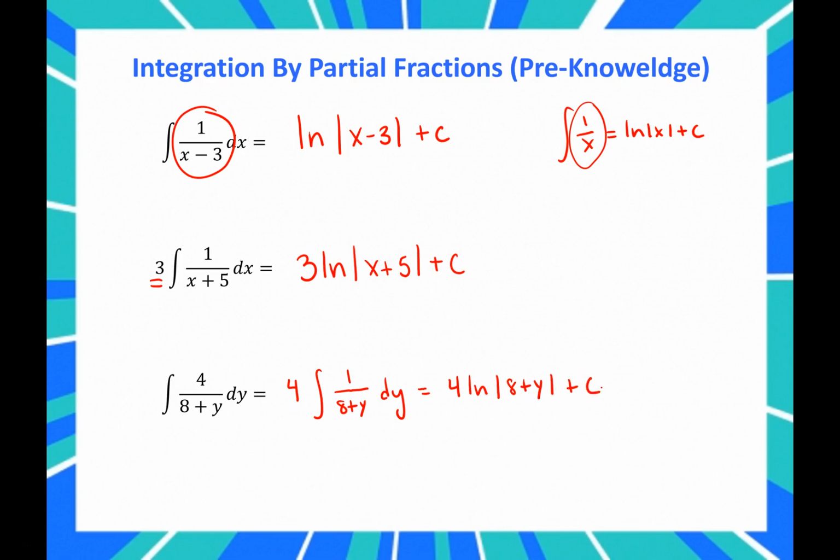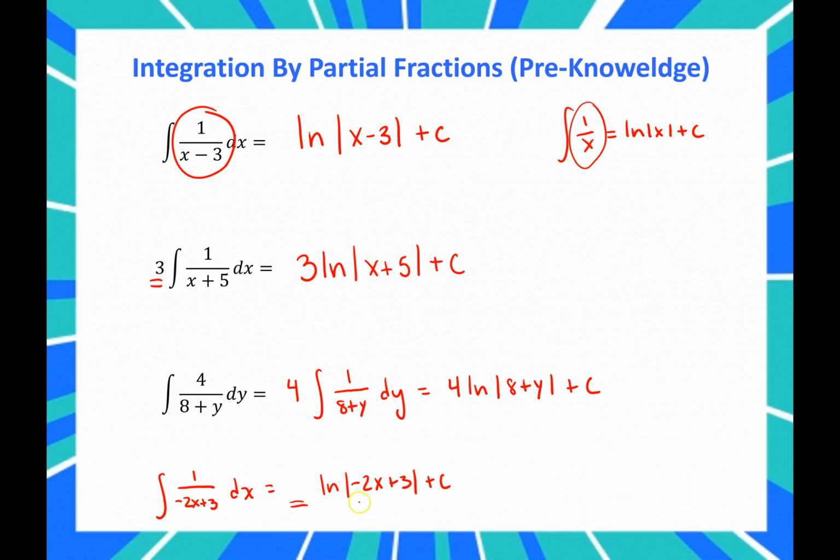Now there is something that I haven't told you, and it's not going to show up on a test. It might show up on a practice, and only probably once or something. If you have something like the integral of 1 over negative 2x plus 3 dx, that's actually going to be equal to a number out in front, I'll leave that blank for now, times ln of negative 2x plus 3 plus c.